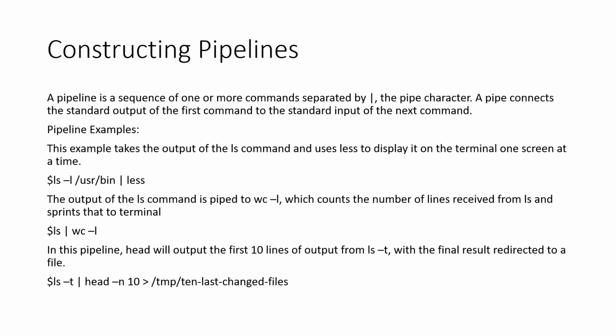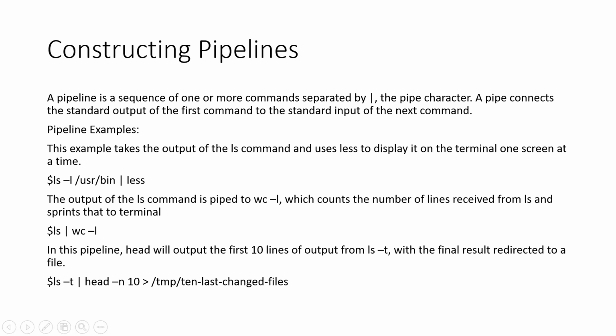I'll give the pipe character, and I want to count the lines, wc -l. So it will get the output from the first command and pass that output to the next command as input. Okay, in the examples we'll see how to work around this.